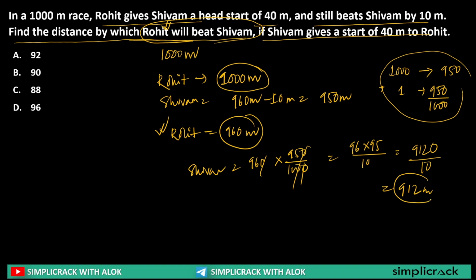So Shivam is running 912 meters. Find the distance by which Rohit will beat Shivam. So the distance by which Rohit will beat Shivam is equal to what? 88 meters. Clear? Yes, sir, it is clear.